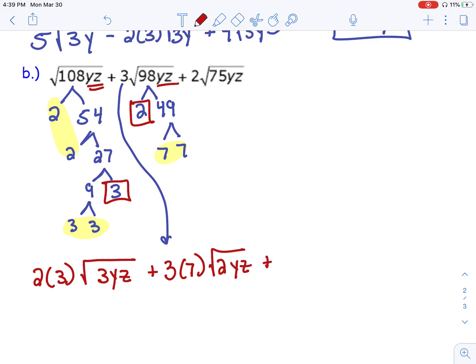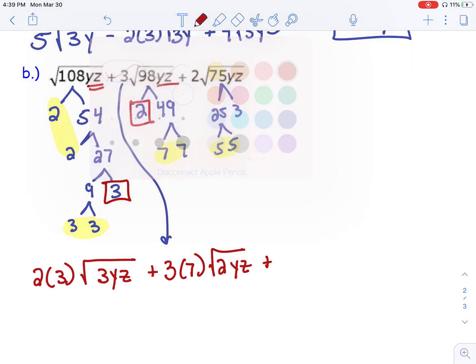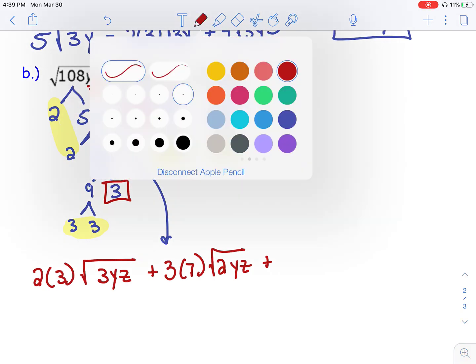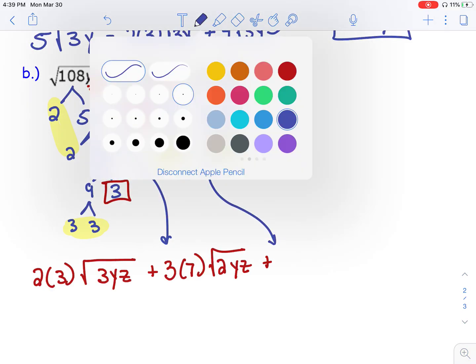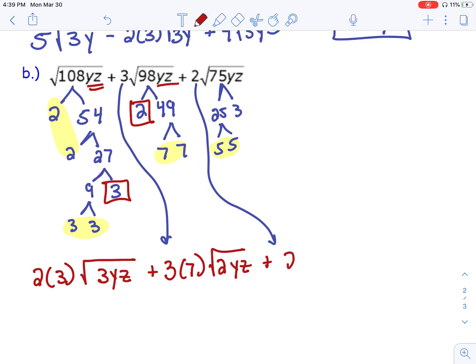And the last one, I'm going to simplify 75, which is 25 times 3, 5 and 5, my pair of 5's. I have to bring down my 2. So I have my 2. The 3 is going to stay underneath.